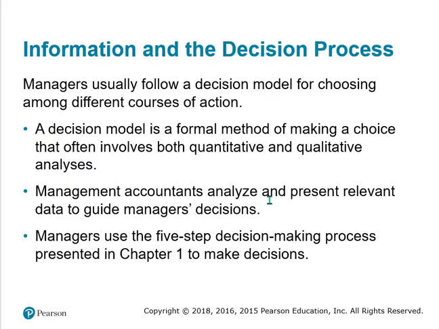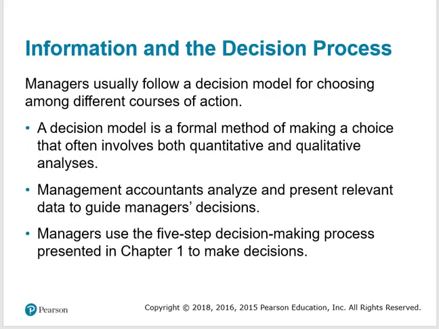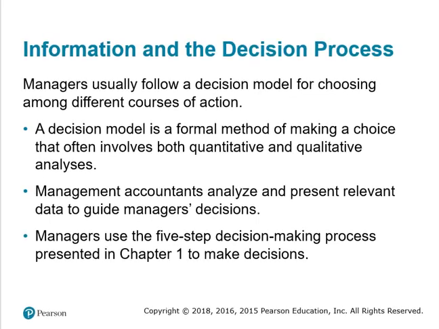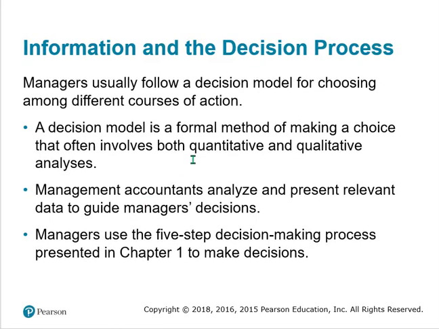So we start out with information in the decision process, and managers usually follow a decision model among various courses of action. And it's a formal method of making a choice that often involves both quantitative and qualitative information. And management accountants analyze and present relevant data, and managers use that 5-step process.